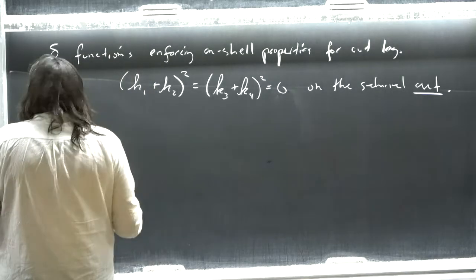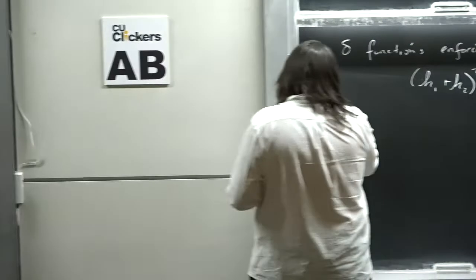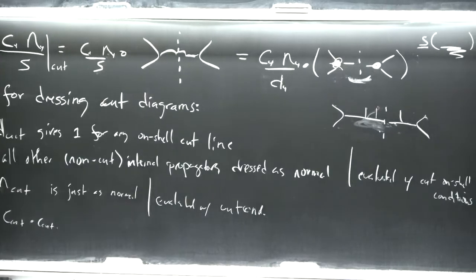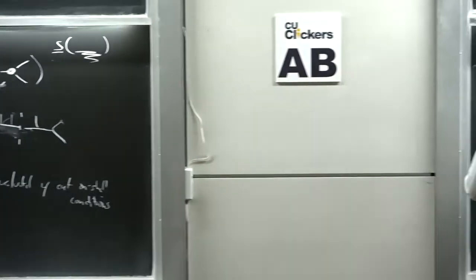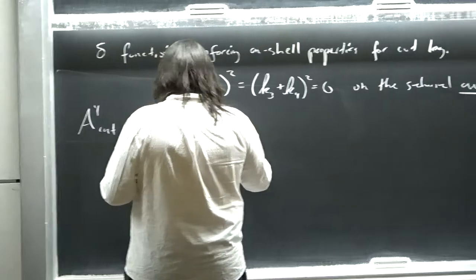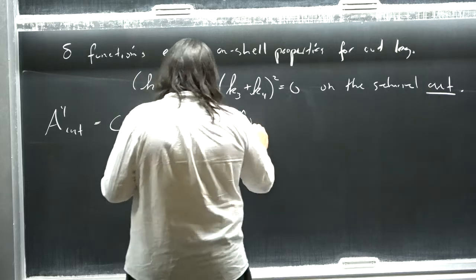So, just to make it unbearably clear, this cut amplitude, the s cut, is the color times mu2, mu1, mu bar 4, gamma mu, v3.